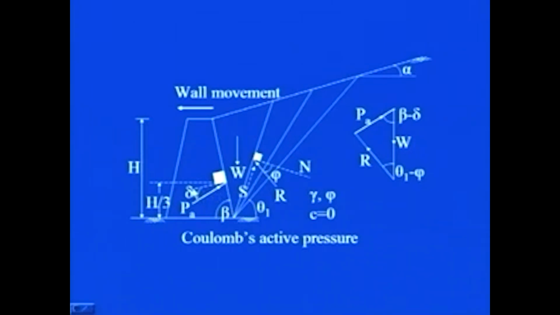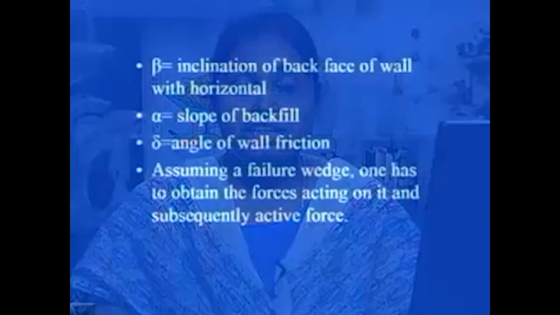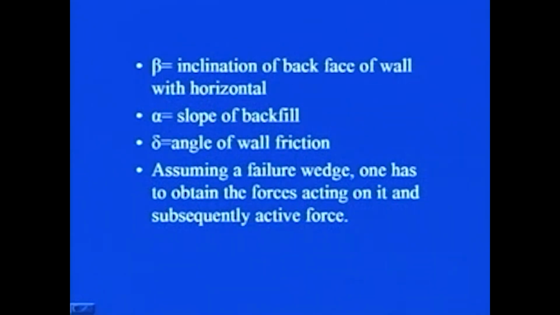Delta is the angle of wall friction, that is this one. Then what all are the forces which will come into the picture? Let us see one by one the notations that we have used in the figure. Beta is the inclination of the back face of the wall with horizontal, alpha is the slope of the backfill, delta is the angle of wall friction.